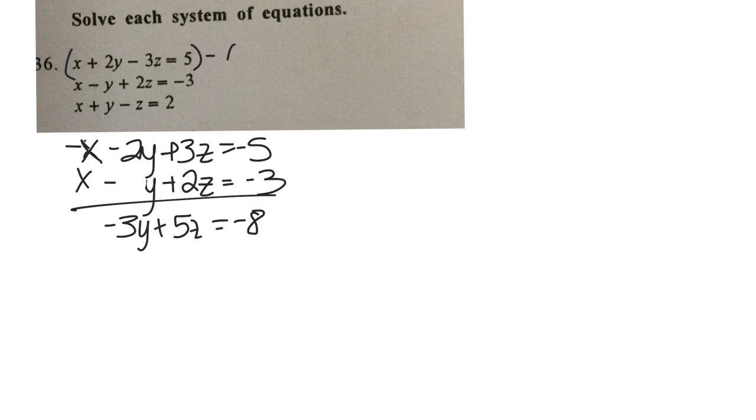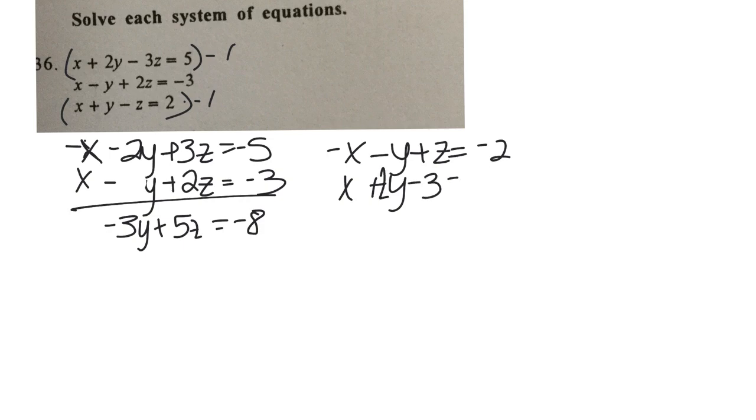And then I have to use equation 3, so I'll multiply that one by a negative. Negative x minus y plus z equals negative 2. Make sure all your signs are right. I actually want to add it to the top one, x plus 2y minus 3z equals 5.